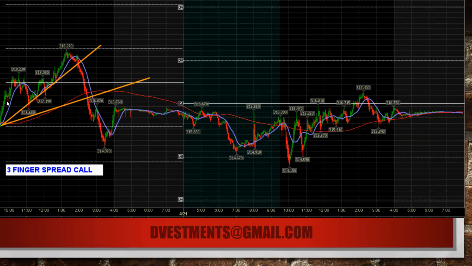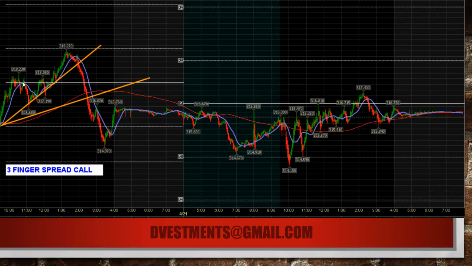A bounce off this 20, green candles going up. Red candles going sideways. You hit a high here. You got red candles here. You got green candles going back up again. It's kind of playing with this 20 around in here.